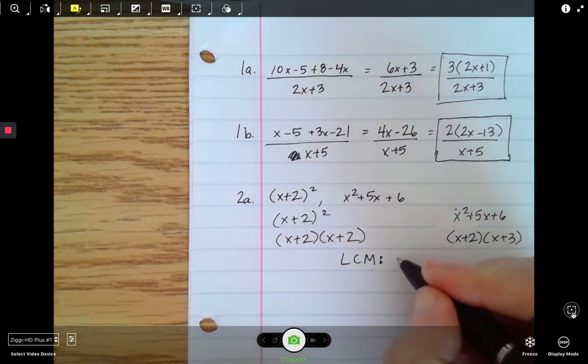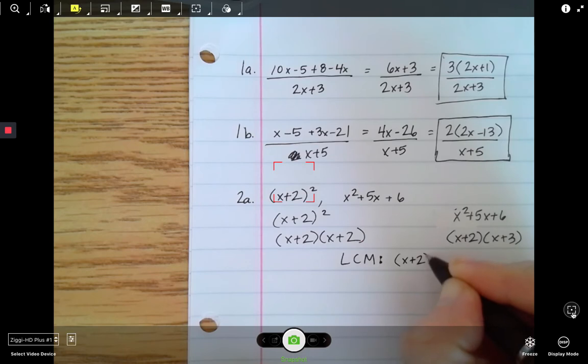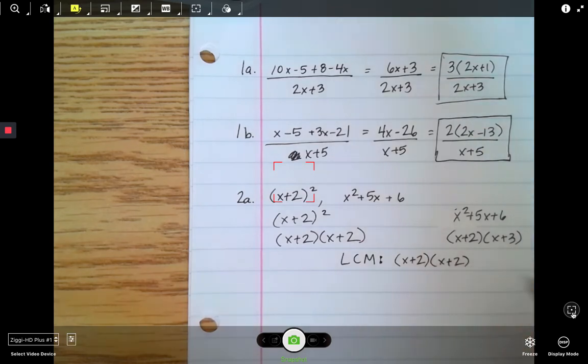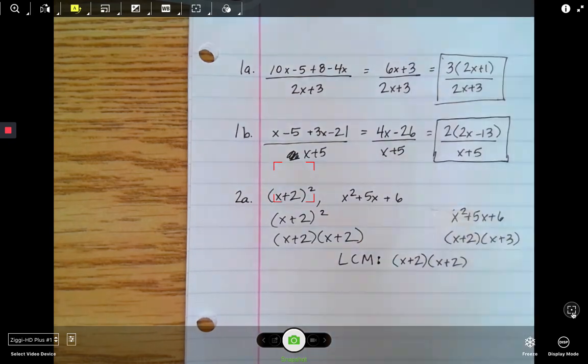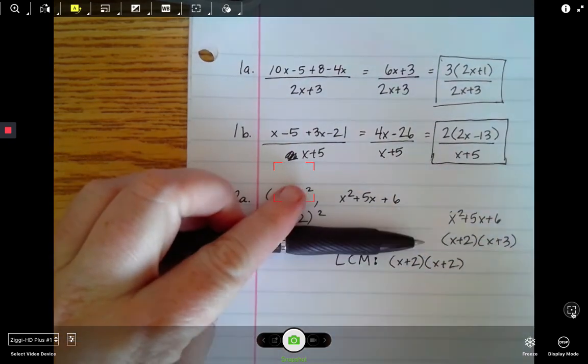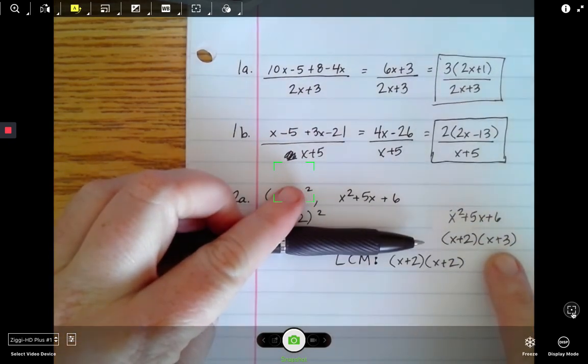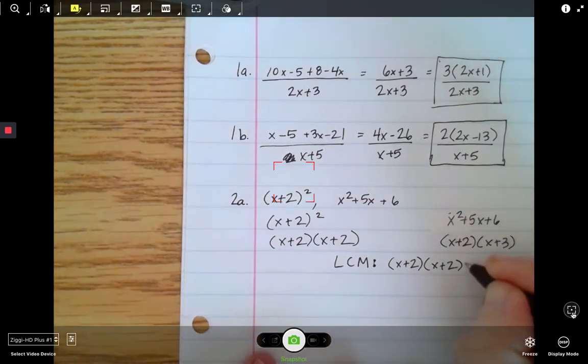So let's see. x plus 2 times x plus 2. I know I at least need that. So I've got my two x plus 2's that I needed right there. But over here I just need one x plus 2, but what else do I need? I need an x plus 3. So that means I also have to add in an x plus 3.